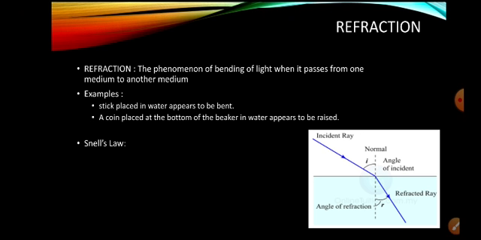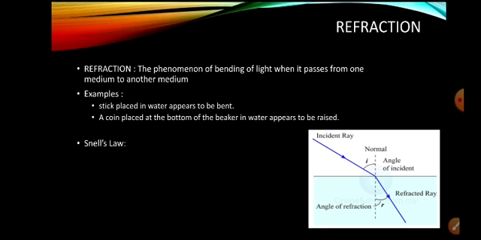In market areas or bazaar areas, where there is more traffic and more people on the road, automatically you slow down, your vehicle speed goes down, because of the density of the public. In the same manner, when the medium density is more, the velocity also decreases. Velocity decreases, so the light ray bends towards the normal.